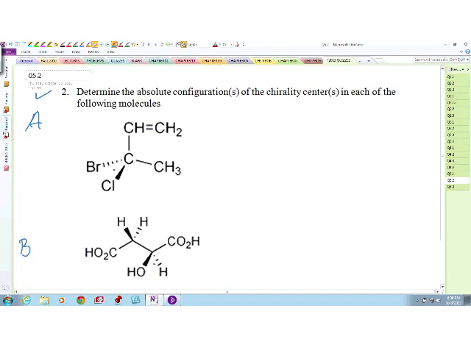Imagine that I am going to stand between this bromine and this chlorine. This is my head right here, this is my nose, looking directly at this here. So I am here.